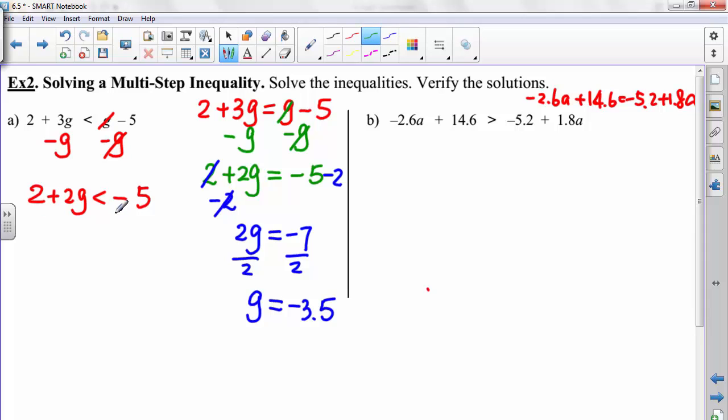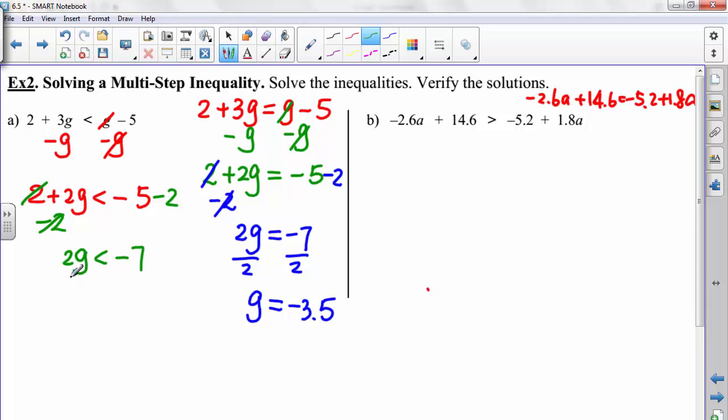In this inequality, if I want to isolate this 2 from the g term, I should subtract 2 from both sides. Based on the first fundamental property of inequalities, when I subtract 2 from both sides, I don't need to change the inequality sign, like the first step when I subtract g from both sides. I cancel these two 2's. Then I have 2g is less than negative 7.